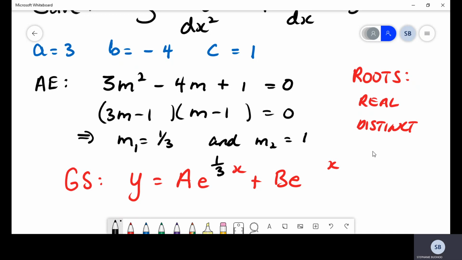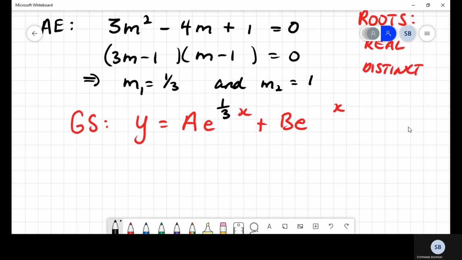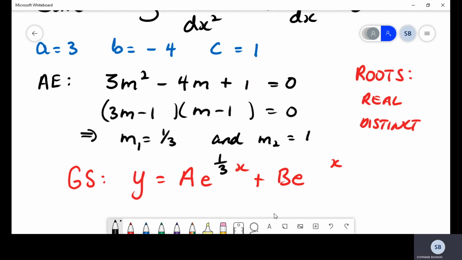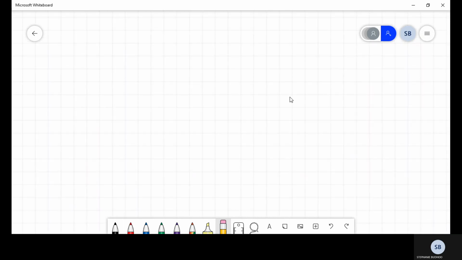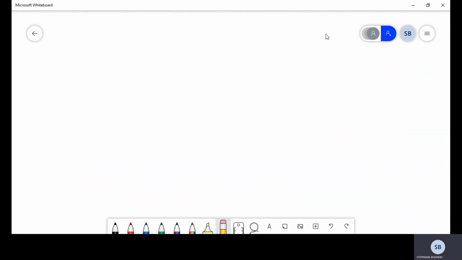Now, we'll look at an example where our roots may not be real and distinct. I think I might clear my screen here. Okay.